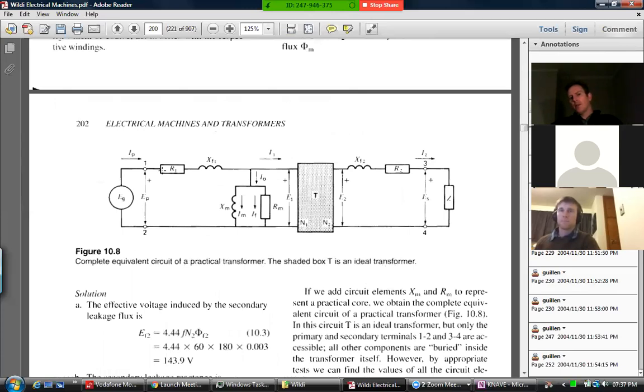We've got the primary side winding resistance, we've got the primary side leakage reactance, we've got the XM for the core, we've got the power losses produced here by eddy currents and hysteresis losses. Those, as you can see, are in parallel with an ideal transformer. And on the secondary side, we've got again the flux leakage reactance term and a winding resistance term.